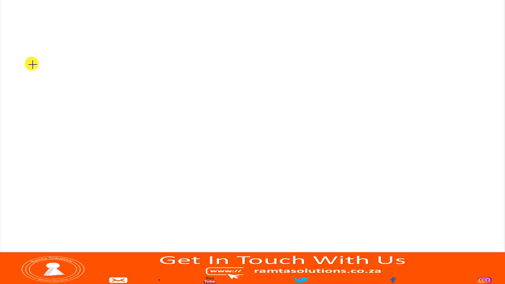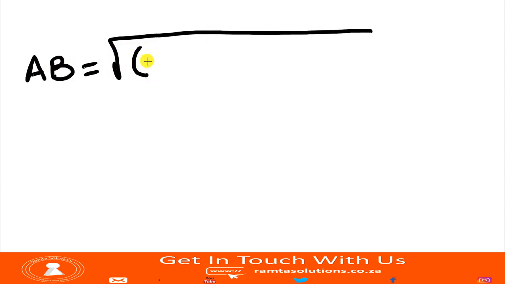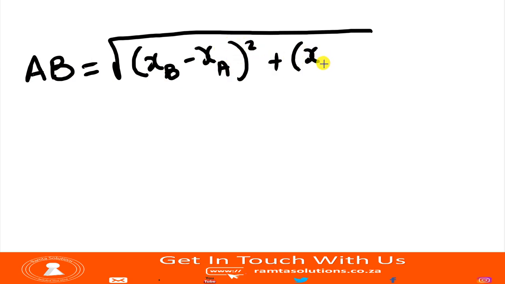So when we conclude this distance formula, say for distance AB, you can say this is x sub B minus x sub A all squared plus y sub B minus y sub A all squared.